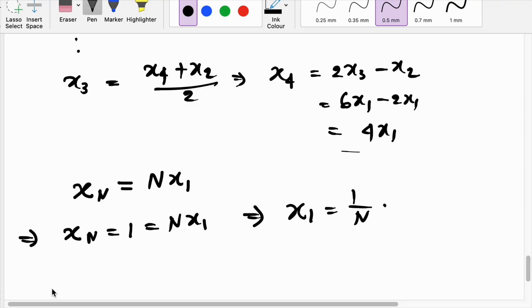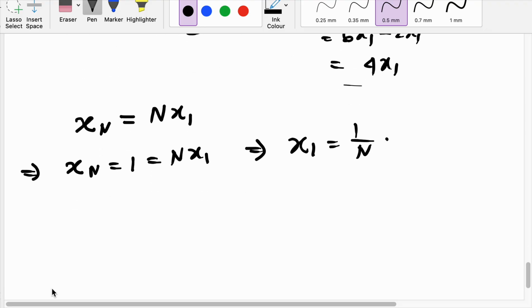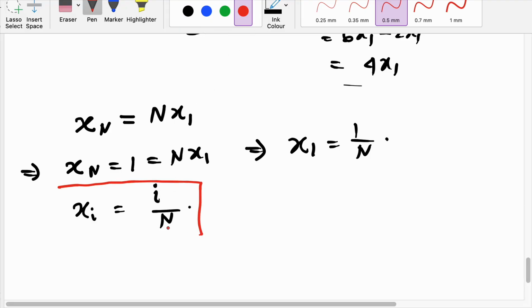Now we know the value of x1, we can easily calculate the value of x_i. That will be nothing but i by n. So if in the population initially we begin with i A-type individuals, the probability that all will go toward the all-A state by this birth-death process, called the neutral drift, is i by n.